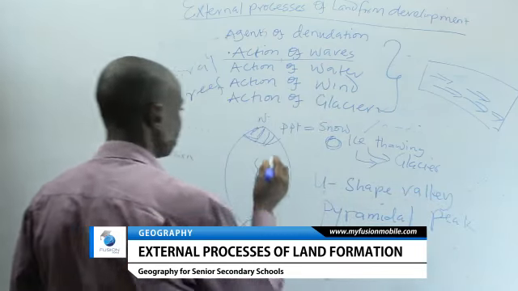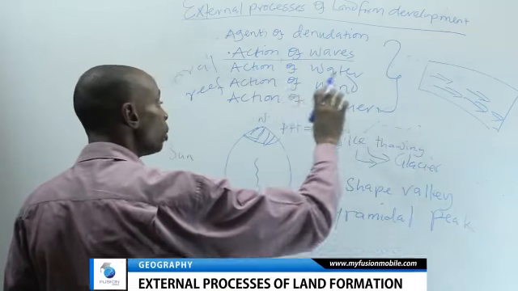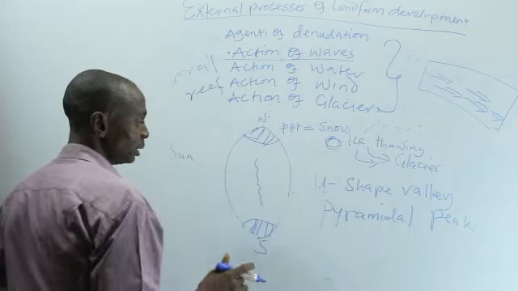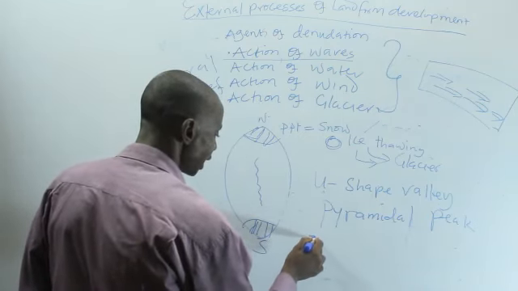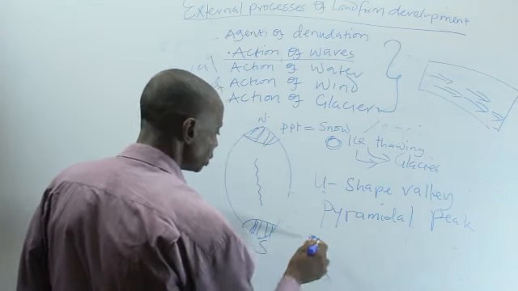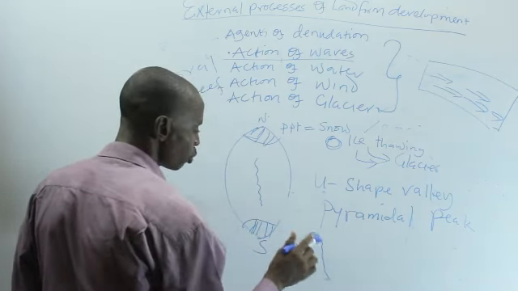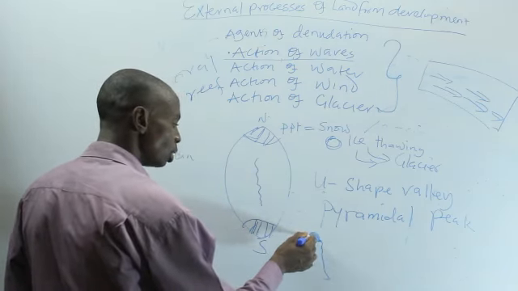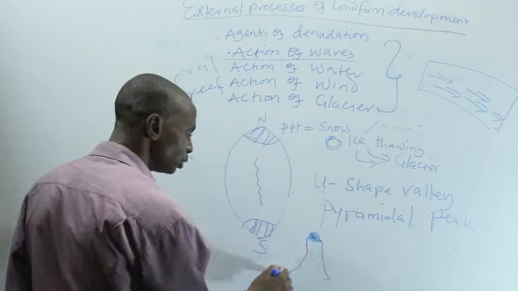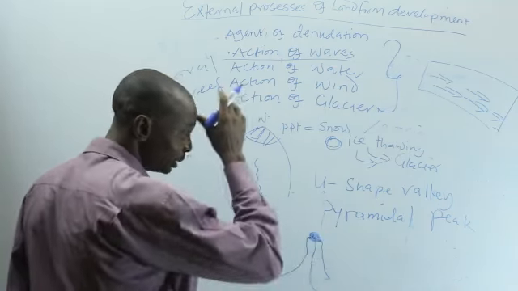For instance, remember these features are common in the polar environment. So where you have ice thawing, maybe this is the top of a mountain, a cold environment, then this ice or snow begins to thaw and begins to form a kind of pyramid.